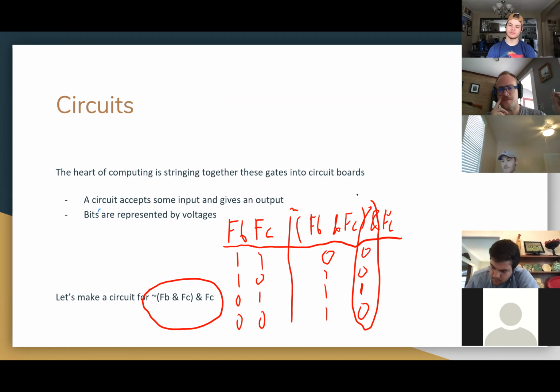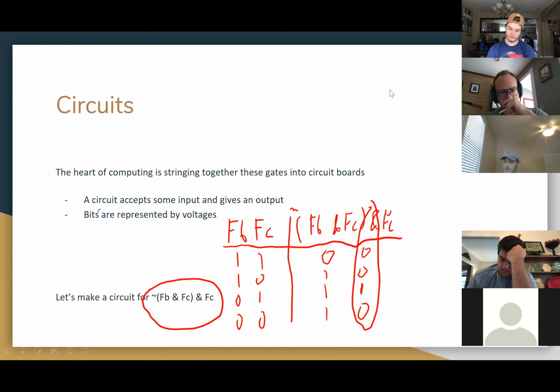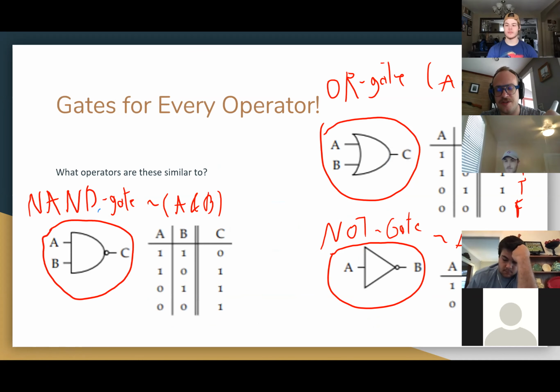All right. So we've got the input-output functioning. So that's what we want our circuit to match. So we're going to try and string together these circuits, the logic gates that we just learned, in order to match that functioning.